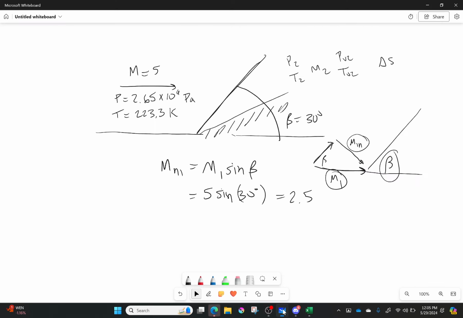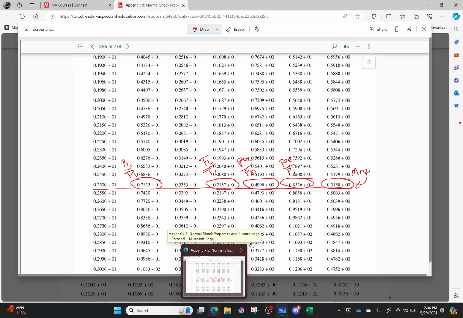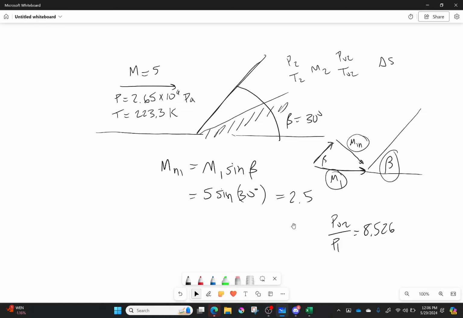Okay, let's see here. So I'm going to write it down, not in order. P02 over P1 is equal to 8.526, I believe. I had to jump back and forth with that one because it's not actually in the solution, but it makes it a lot simpler. Everything else, though, is pretty easy. So I have M normal 2 is equal to 0.513.